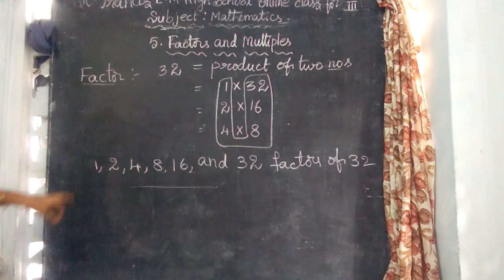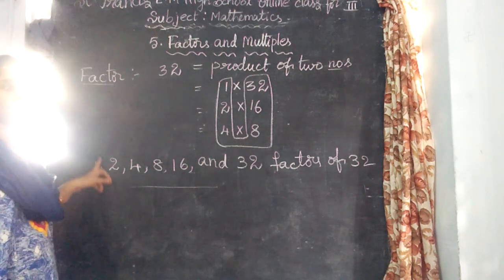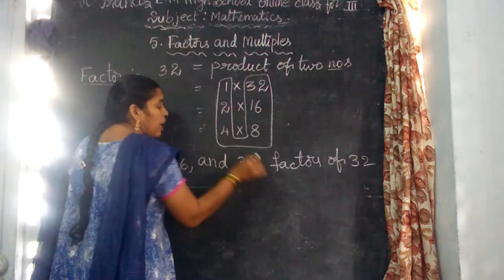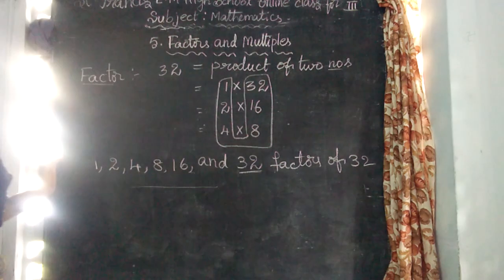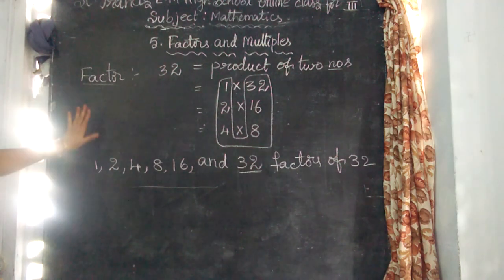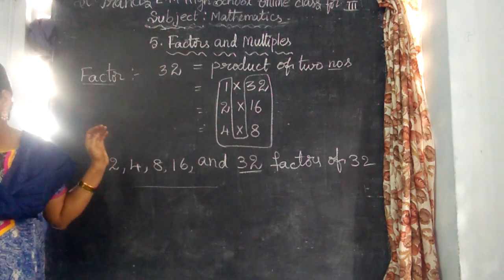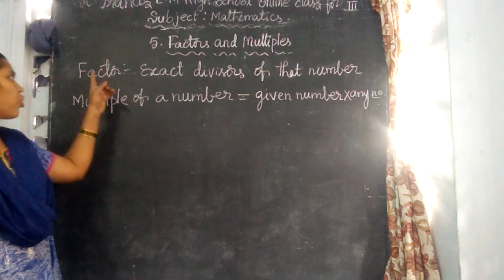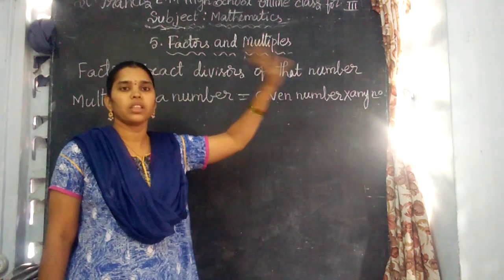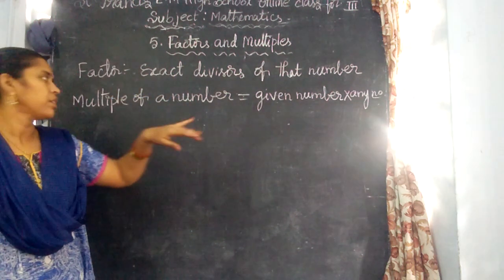What is the smallest factor here? What is the smallest factor? And what is the greatest factor? The number itself is the greatest factor. Okay, children? This is about factors. Therefore, factors mean exact divisors of that number.